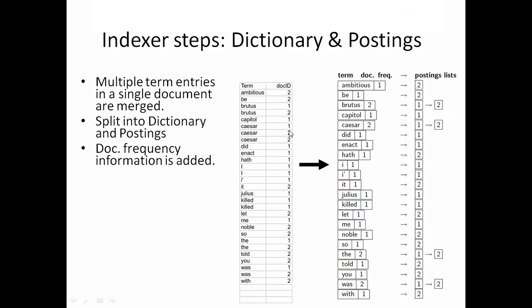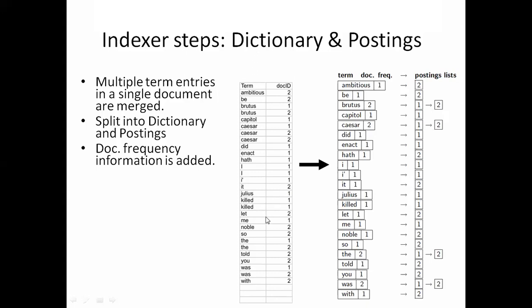Caesar, if we count, appears 3 times, but here we have written 2, because we only have 2 document IDs, document 1 and 2. Caesar is present in both document 1 and 2, so we have written 2 here.